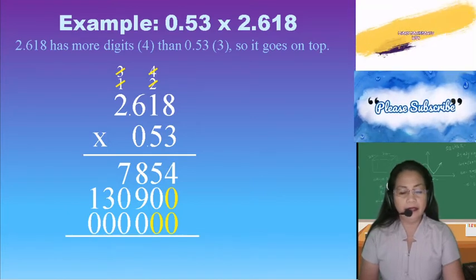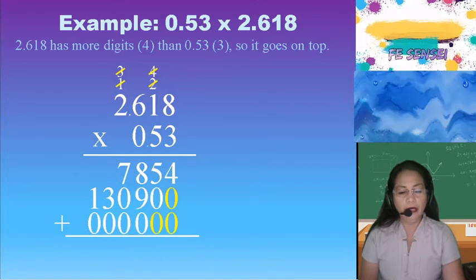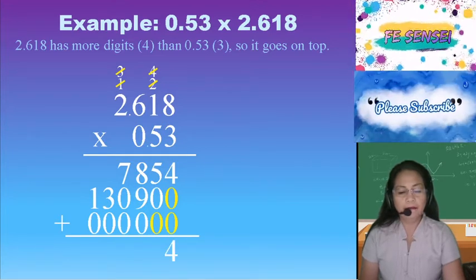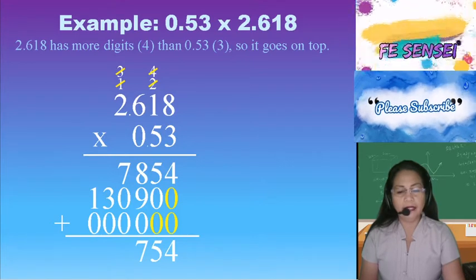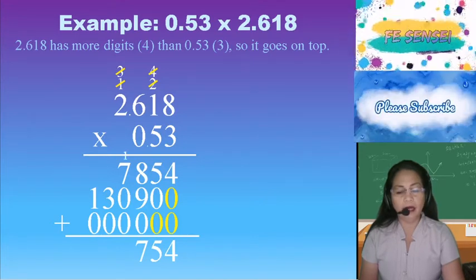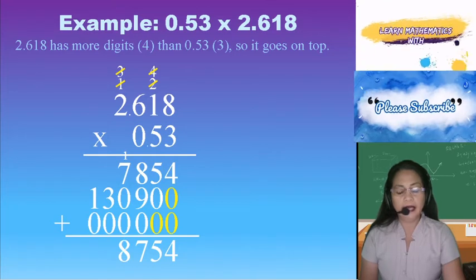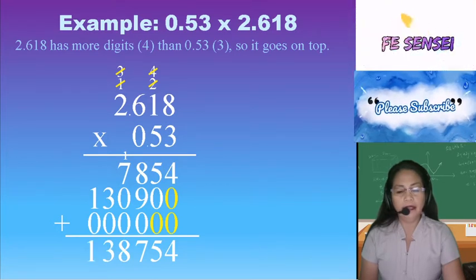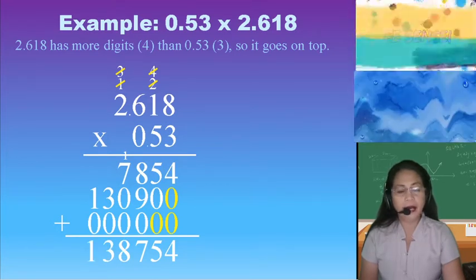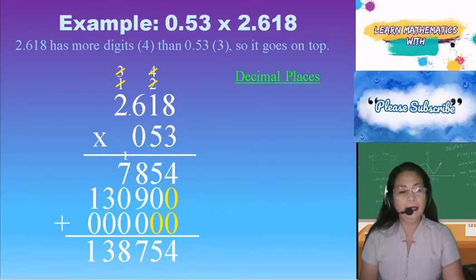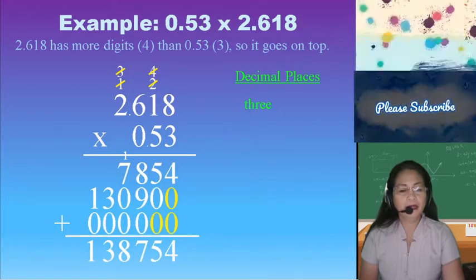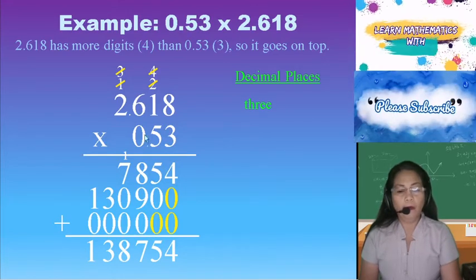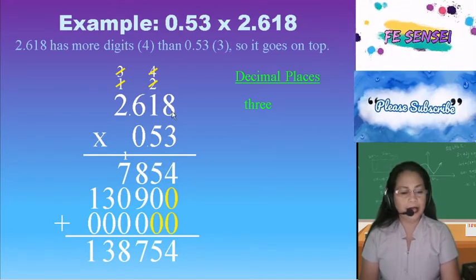Then add. That's 4, 5, 9 plus 8 is 17. 7 carry 1. 7 plus 1 is 8. Then 3. Then 1. Then count the number of decimal places. We have 1, 2, 3.